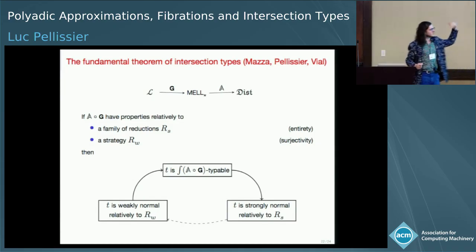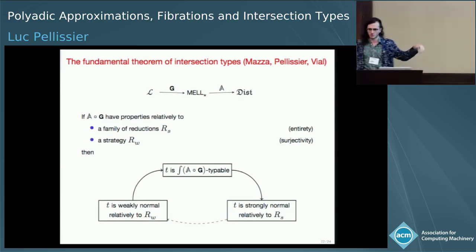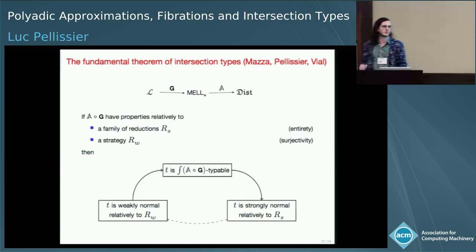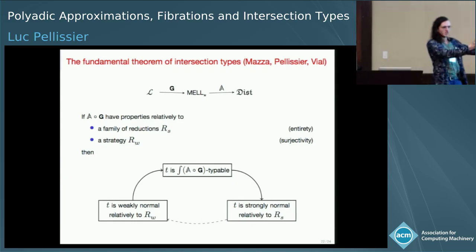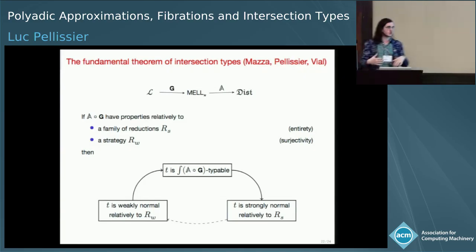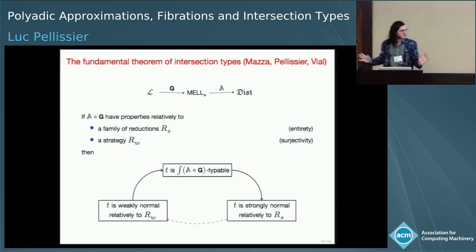That is, T is weakly normal relative to a strategy RW. What do we mean by weakly normal? Just that if I only follow the strategy RW, T ends on a normal form. So if T is weakly normal, then T is typable. And if T is typable, then T is strongly normal relative to the other family of reductions, which means that when I choose any reduction inside RS, T terminates.